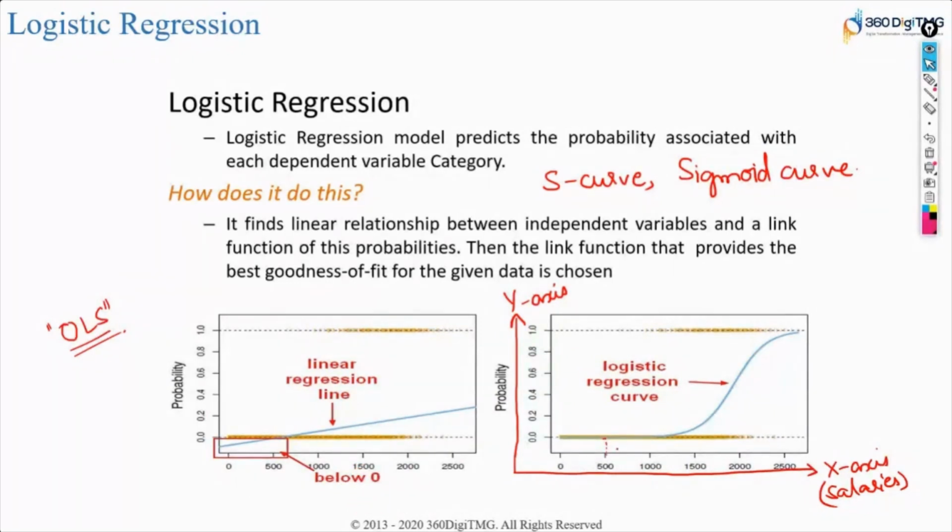If your salary is increased by say $300, still the probability is zero. If the salary is $1,000, it's still just increasing, but still very less. The moment your salary becomes $1,500, the chance of you purchasing a flat starts increasing.